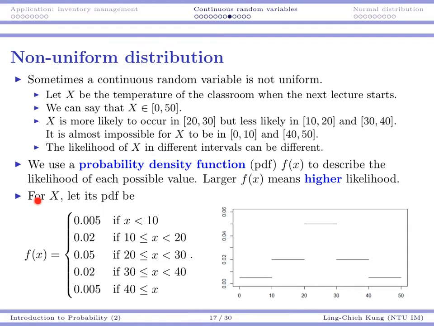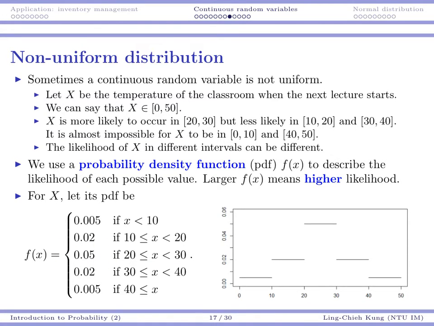Specifically, let's see an example for this x. x is our classroom temperature. Let's assume that its PDF is here, and the depiction is here. So we say that with the highest probability, x would be between 20 and 30. Here we say its value is 0.05.